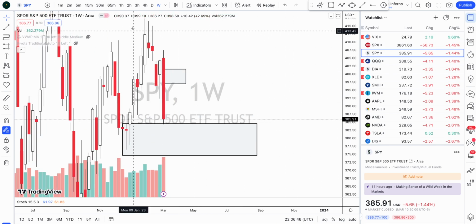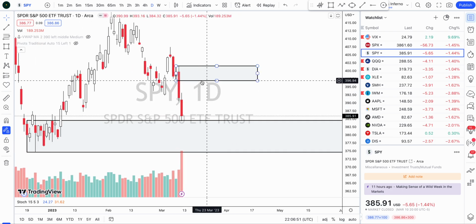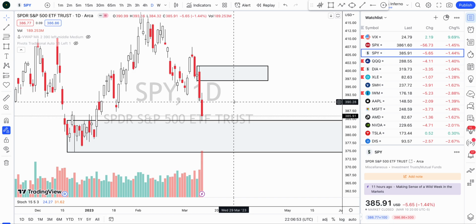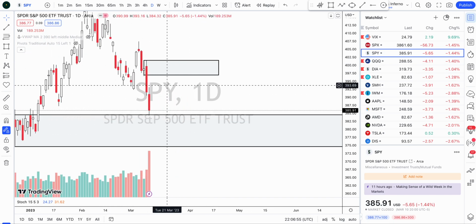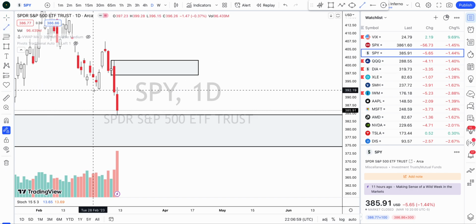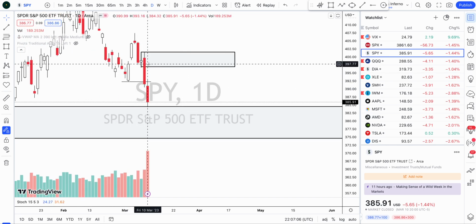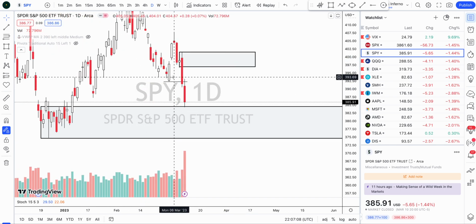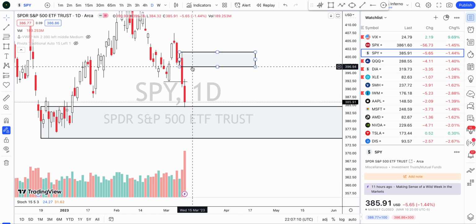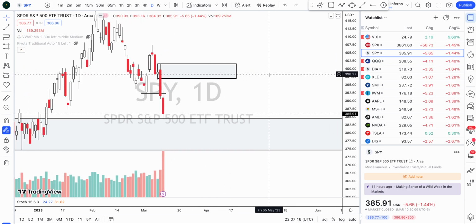From here, we would imagine price coming back up, hopefully to test this zone before continuing back down. This is a valid supply zone because we broke structure right here. Taking out this low confirmed that this is a valid supply zone. If we do rally back up into this 397 to 402 range, I would expect a down move from there.